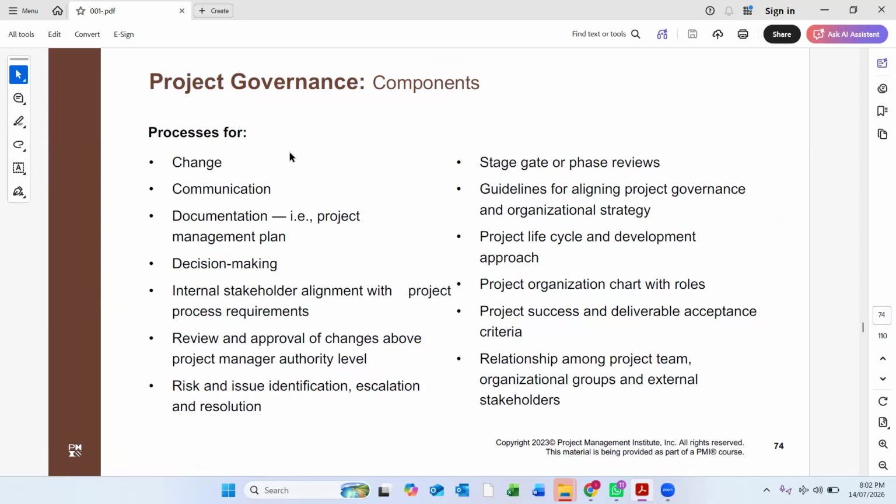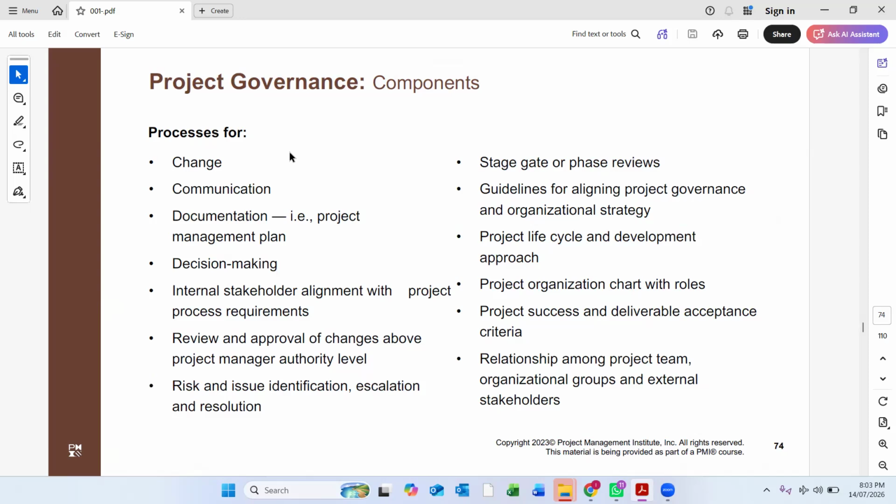There should be a process for the project organization chart with roles and descriptions, and how the relationships among the project team work. As colleagues, there should be some boundaries in terms of relationships. Most organizations, especially big ones, have a code of conduct for relationships among project team members, organizational groups, or external stakeholders.